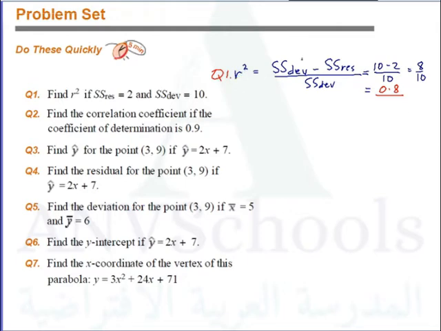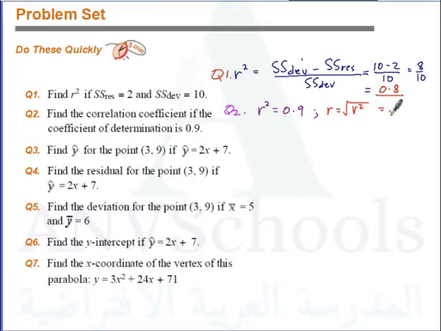Now we go to question number 2. Find the correlation coefficient if the coefficient of determination is 0.9. So how do we solve for this type of problem? R square is 0.9, and the correlation coefficient is just the square root of r square.